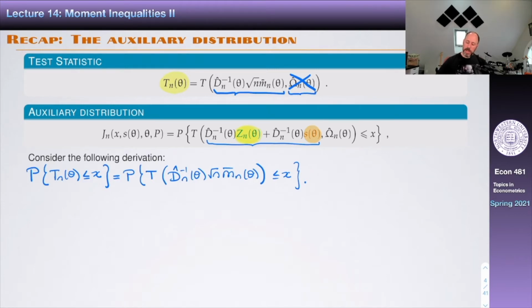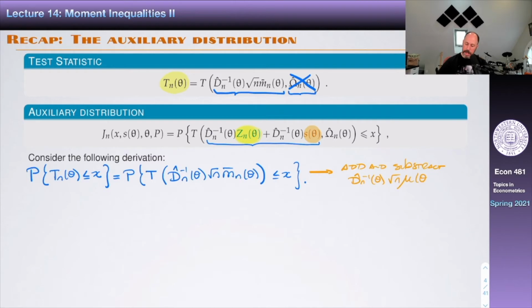So what I'm going to do now is add and subtract D hat inverse(theta) times square root n times mu, the true mean. Okay, I'm going to add and subtract that object.